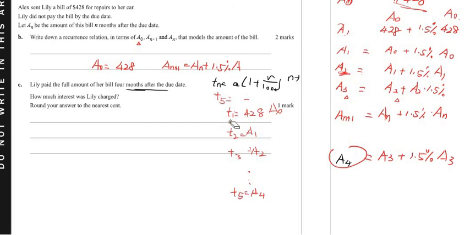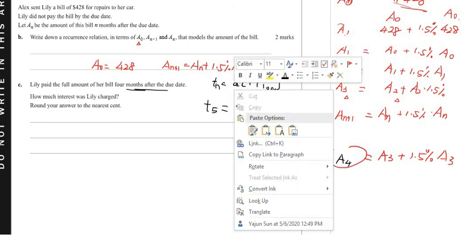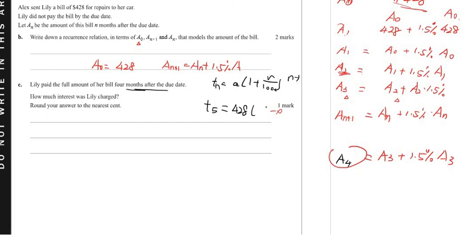So I'm looking for my T5, where my n equals 5. It is equal to the starting term, 428, times 1 plus the rate we found out, which is 1.5%. So R is equal to 1.5%, and n minus 1, my n is equal to 5, so it's 1 plus 1.5% to the power of 4.